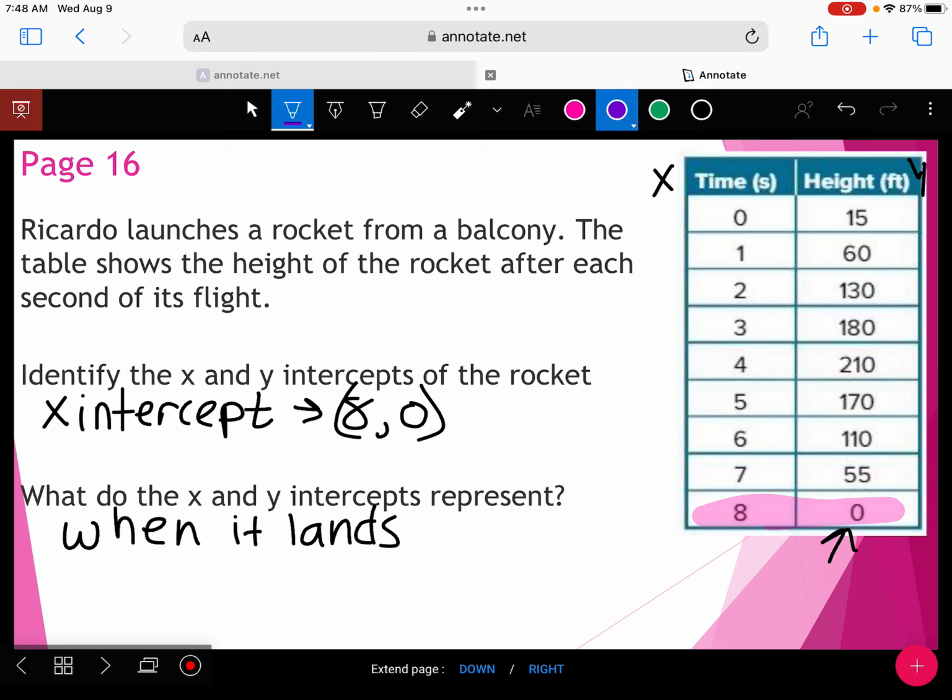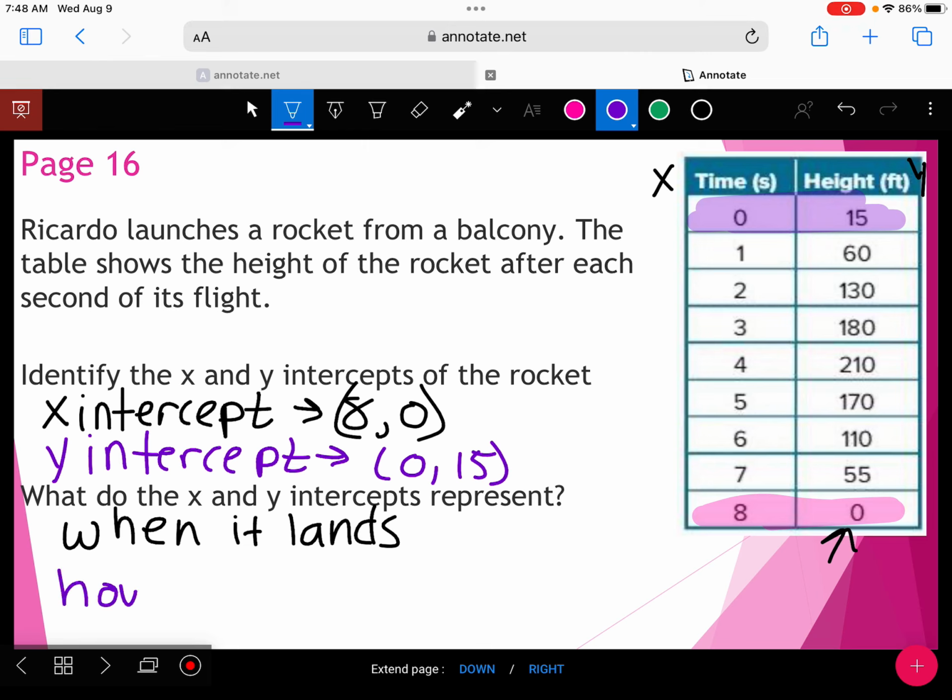How about my y-intercept? Where's that? The 0, 15. It's when my x is 0. Zero, 15. What does that represent? What does that mean? How high was it at takeoff? My platform's 15 feet in the air.